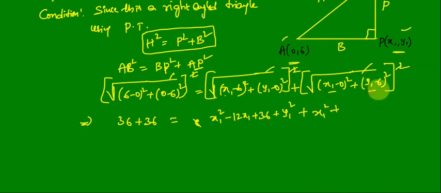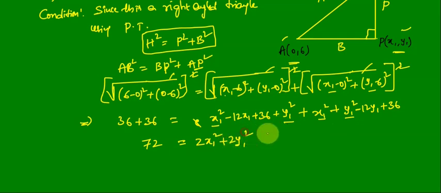Similarly here (a minus b) whole square expansion again, a square minus 12 y1 plus b square is 36. Okay, now we will simplify this. This side it will become 72. On the right hand side, if you observe, x1 square plus x1 square both have plus signs, so this will become 2x1 square. Similarly y1 square plus y1 square is plus 2y1 square.